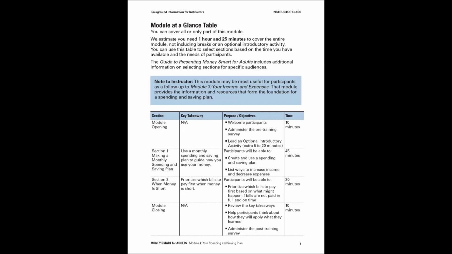Please refer to the Guide to Presenting Money Smart for Adults, which includes additional information on selecting sections for specific audiences so you can further customize your training. Now, the actual module at a glance table lists the sections, the key takeaways, the purpose, objectives, and the time estimates all laid out here for you.